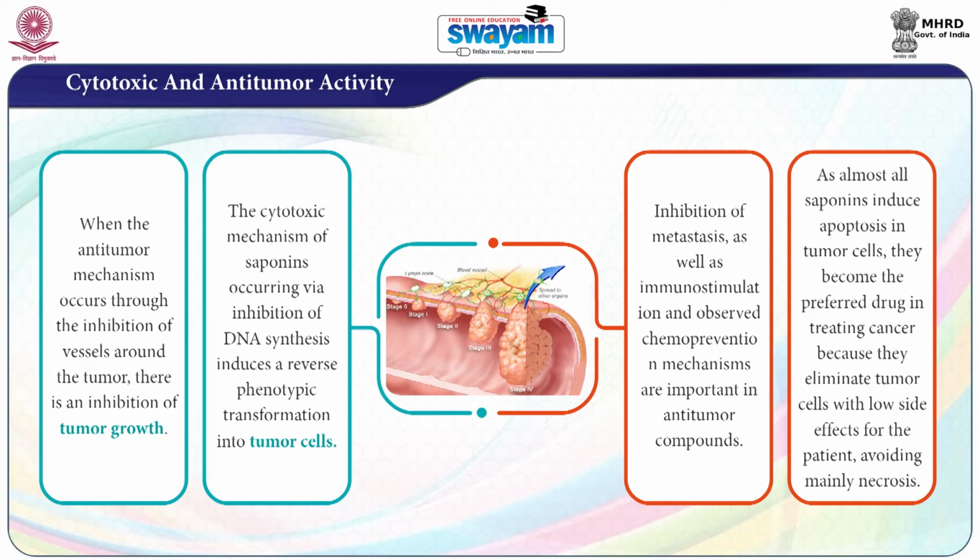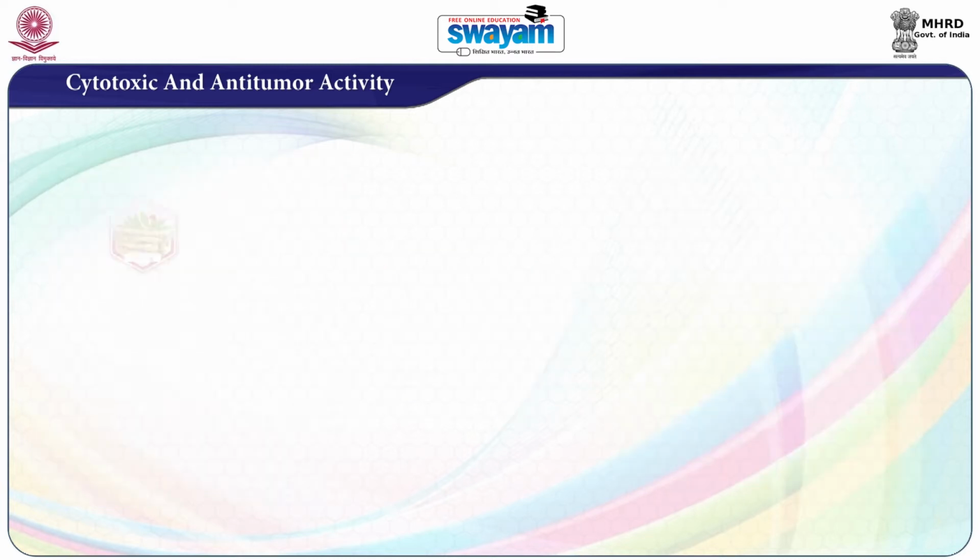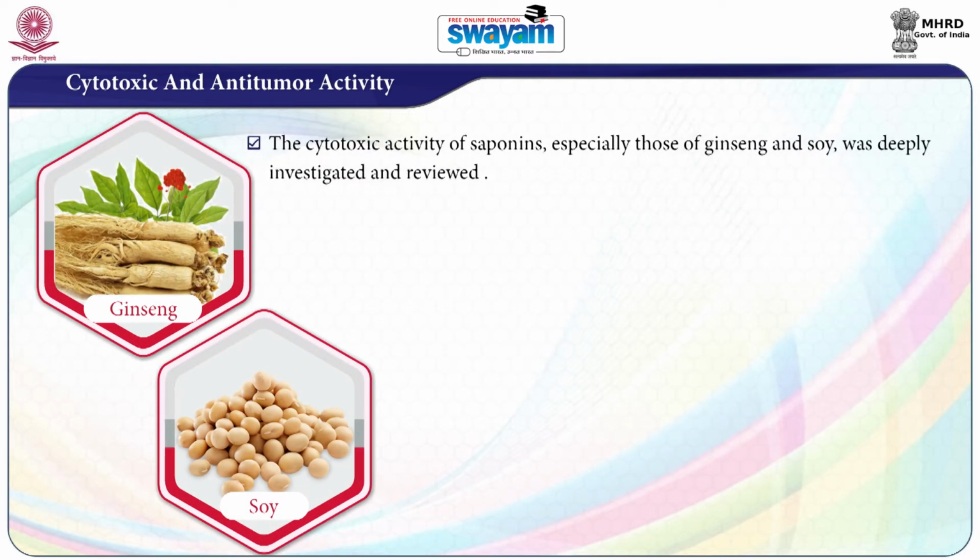They become a preferred drug in treating cancer because they eliminate tumor cells with low side effects for the patients, avoiding mainly necrosis. The cytotoxic activity of saponins, especially those of ginseng and soy, was deeply investigated and reviewed.